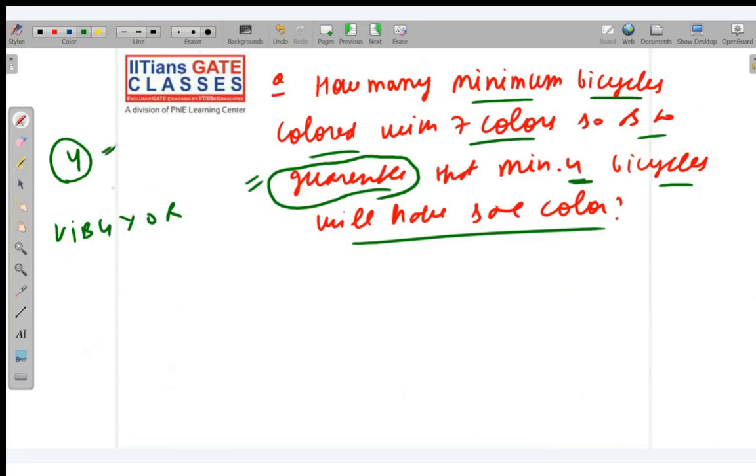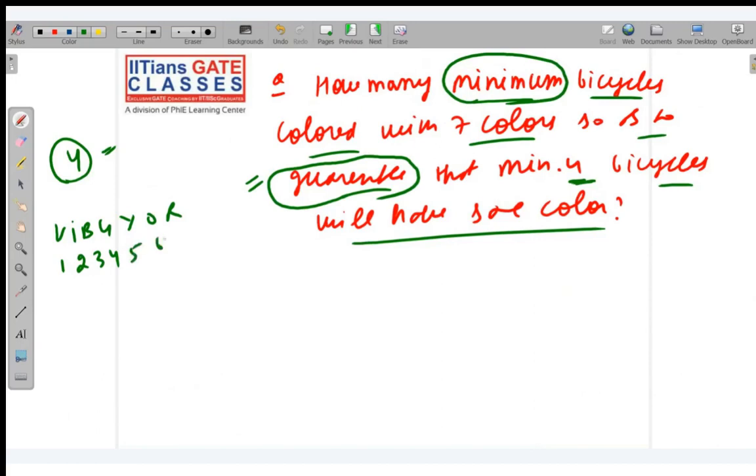If you take only 4 bicycles, then I can give bicycle number 1 violet, then indigo, then blue, and then green. So all will be different. That can be done. But we have to guarantee that at least 4 bicycles have the same color. How many minimum bicycles are needed? Let me bifurcate it.